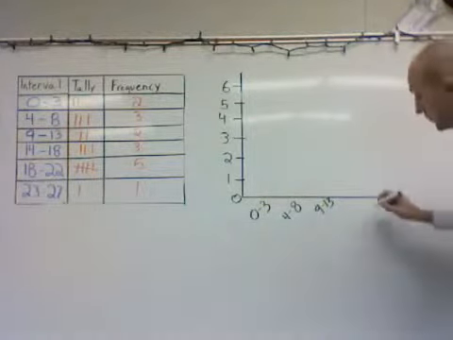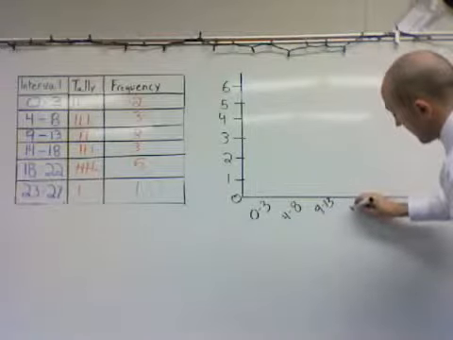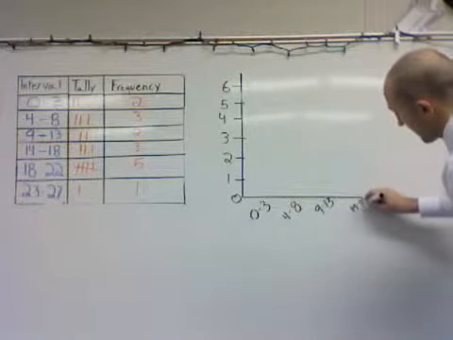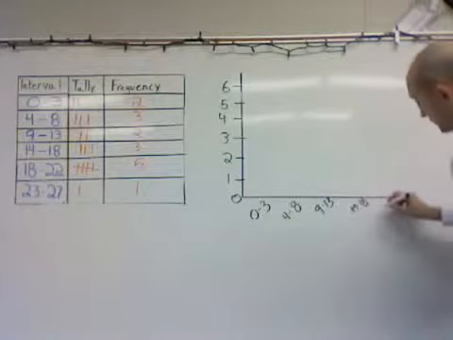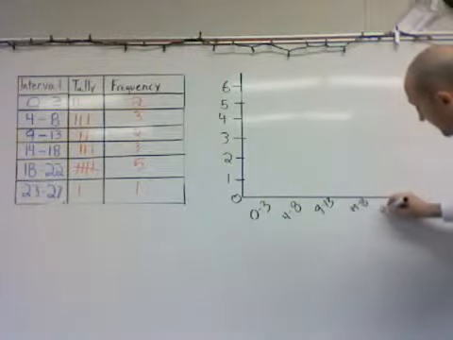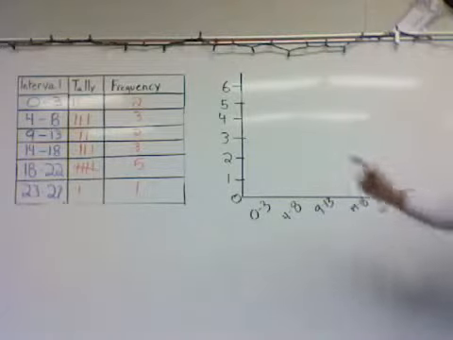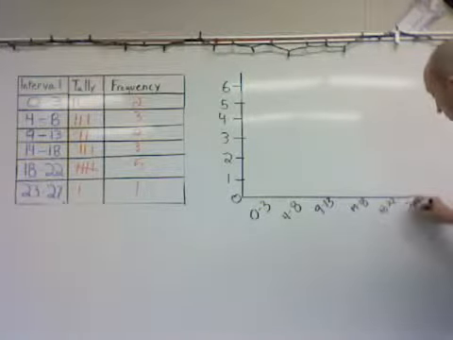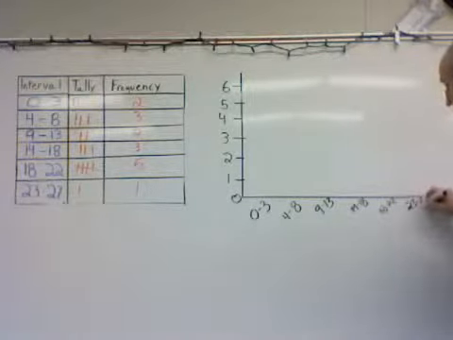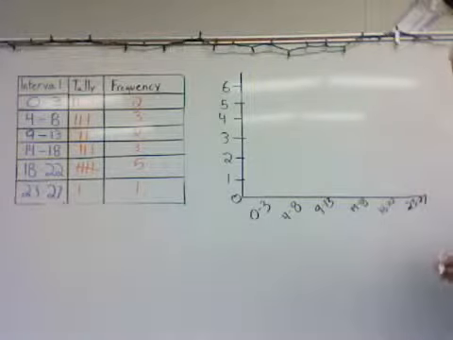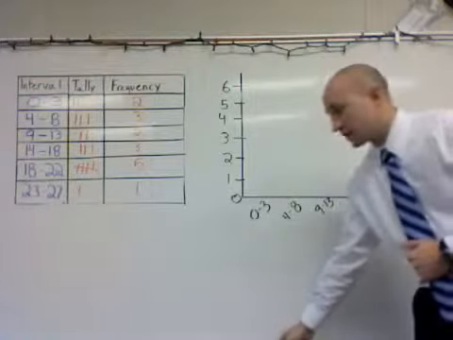From there, it was 14 to 18. After that, 18 to 22. Extend this out a little more. And we're finishing with 23 to 27 as our last number. Now we have both the X and the Y set up.